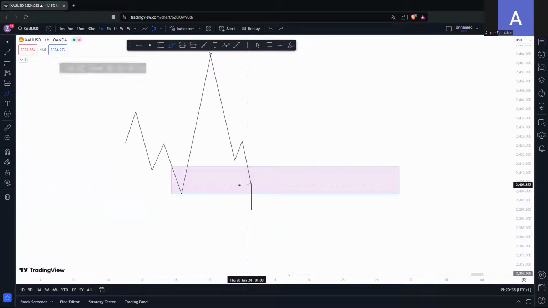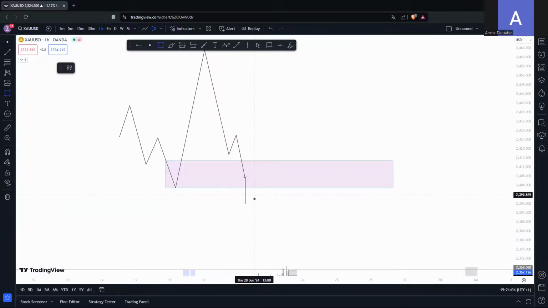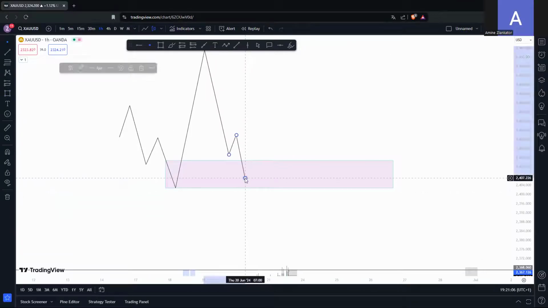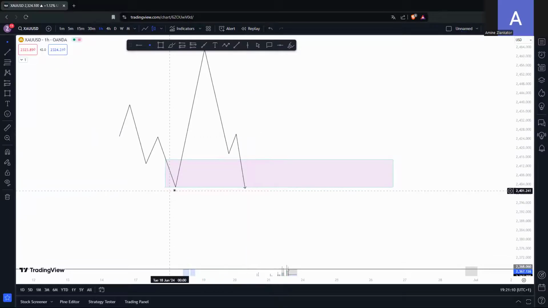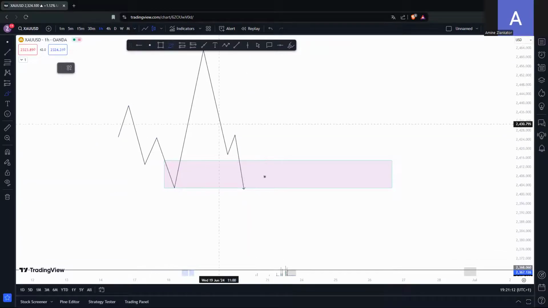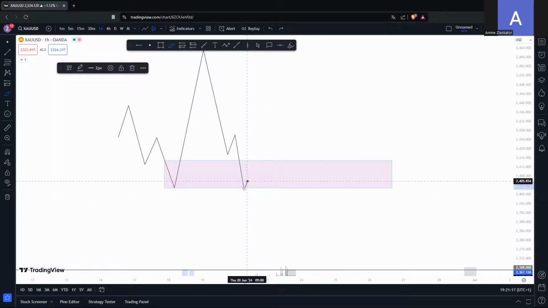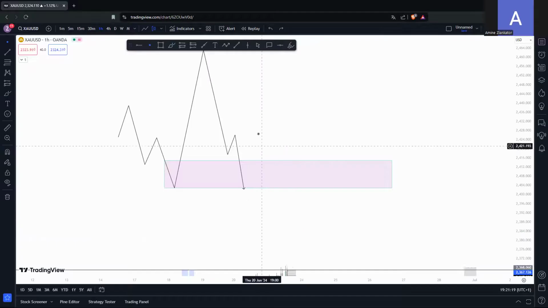So what I do is I'm going to enter again with a stop below this wick, right? If that hits again, then the setup has failed. But let's say I'm still in the trade, and I see this. Price breaks just below it. I'm going to exit, right? I'm going to cut my loss. I'm going to wait for price to retest, and then I'm going to sell.